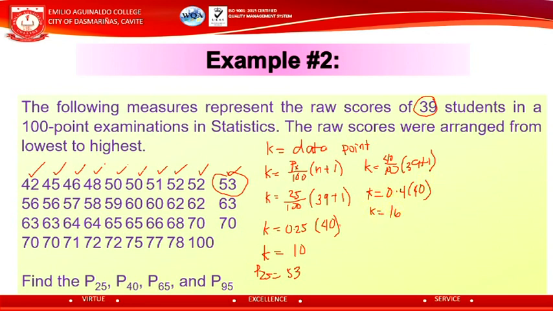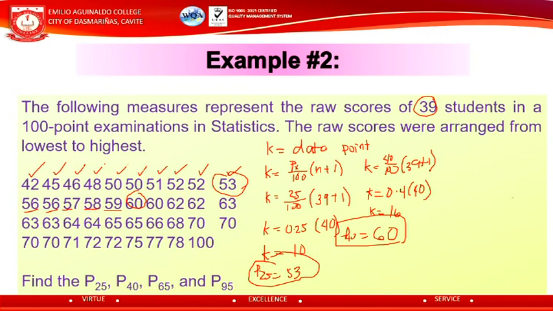So now the position for the 40th percentile is equal to 16. So this is 10. We have 11, 12, 13, 14, 15, 16. The 40th percentile, so p sub 40, is now equal to 60. This will be our answer for our second problem.